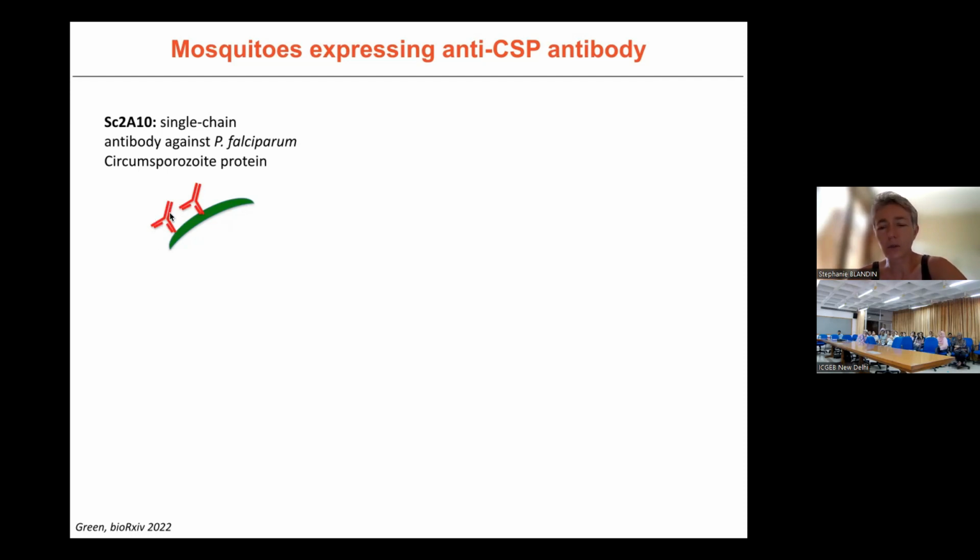This antibody binds to it and has been shown to have two advantages. The first is that it normally limits salivary gland invasion, and the second, which is more prominent, is that it prevents the sporozoite from moving well in the skin and from infecting hepatocytes once it's transmitted to the next host. So this is the gene we wanted to make mosquitoes express.